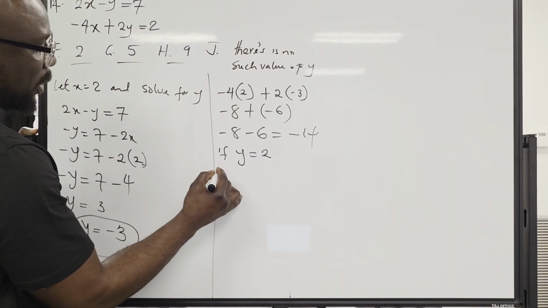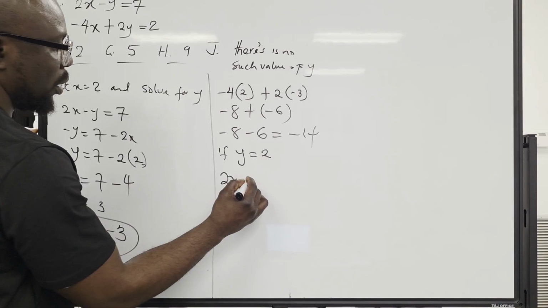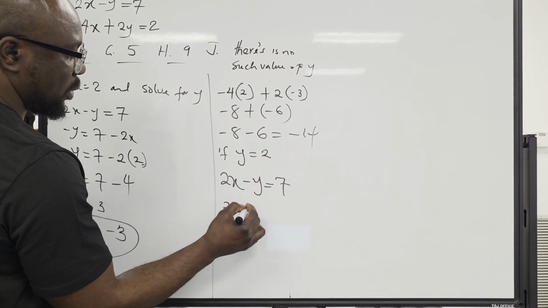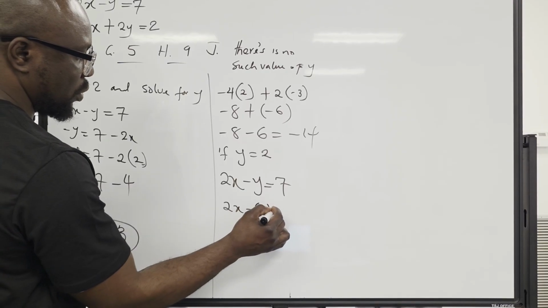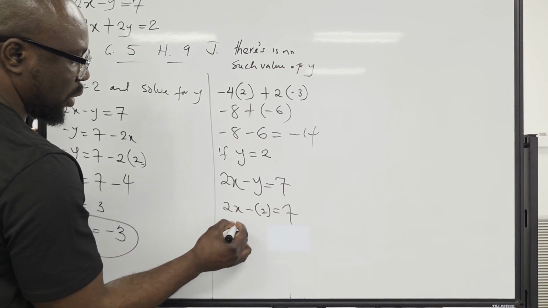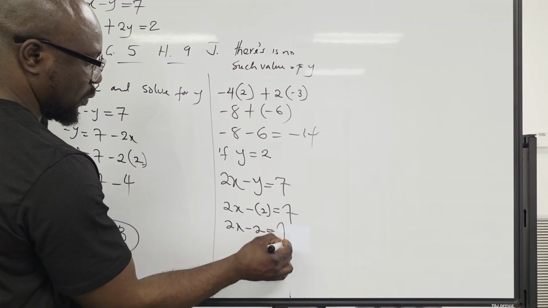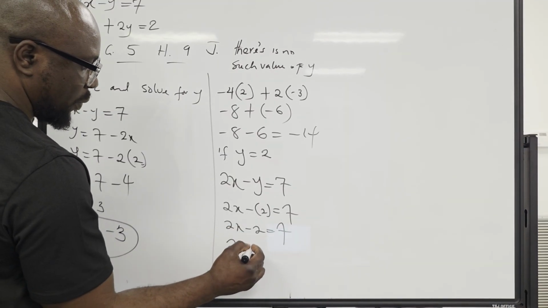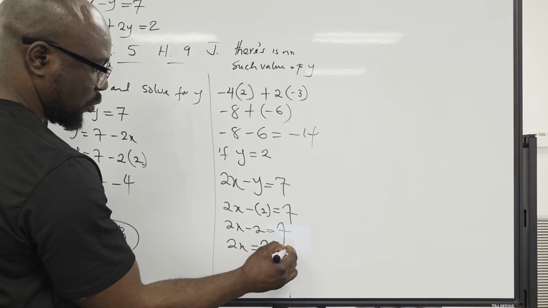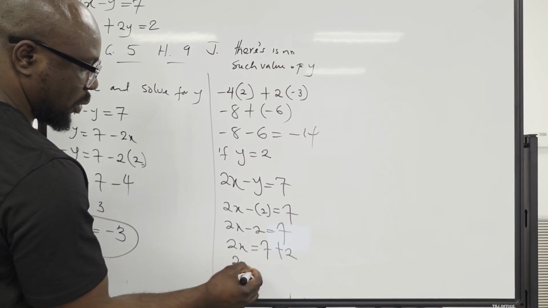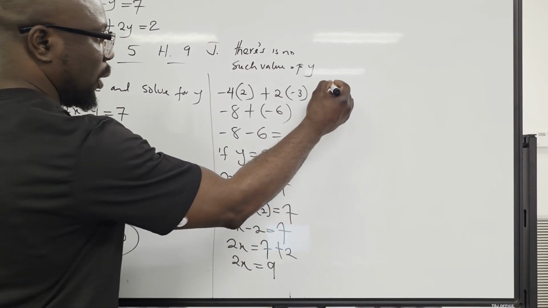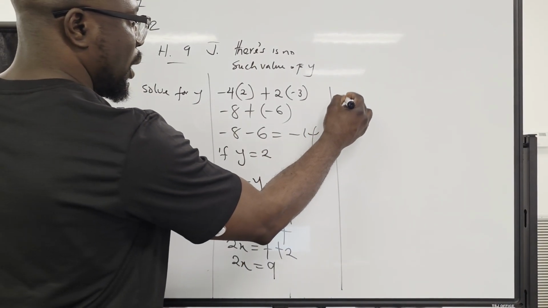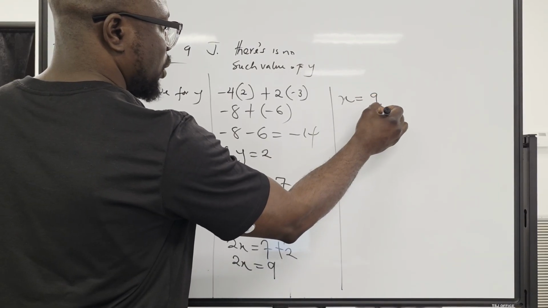So 2x minus y is equal to 7 becomes 2x minus 2 is equal to 7. If you take 2 to the other side, you have 7 plus 2, so 2x is equal to 9. Then x is going to be equal to 9 divided by 2.